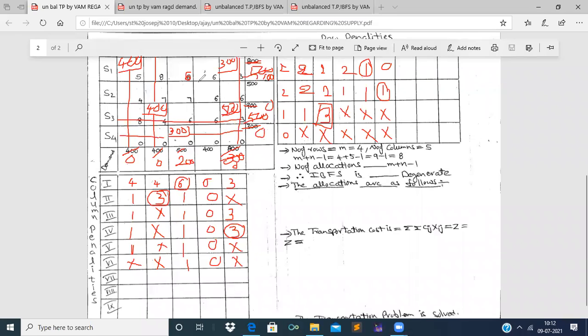Therefore, I allocate the least value, that is 400. Therefore, I strike off 400, it is made 0. And now I strike off 400 from 500, it is made 100. Now I strike off this column as its corresponding demand is made 0.